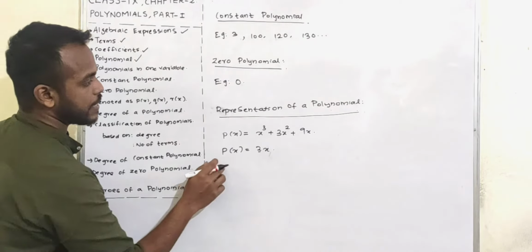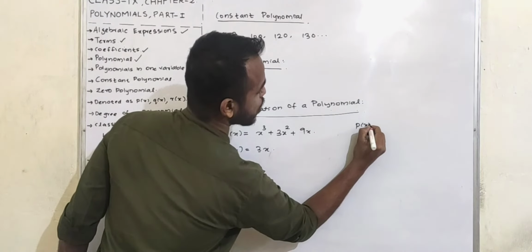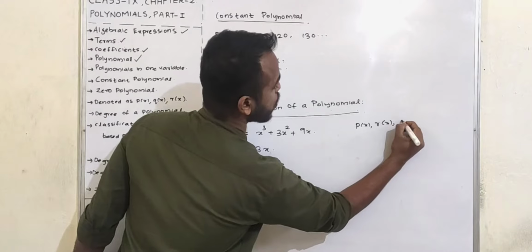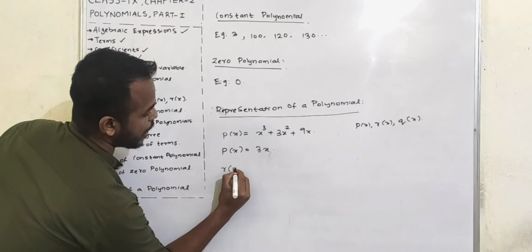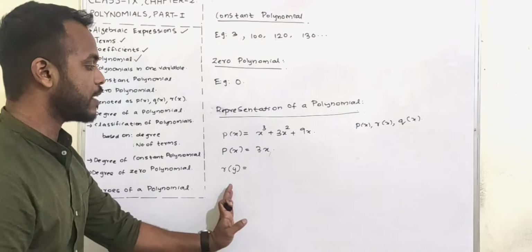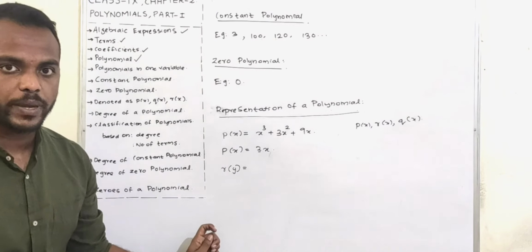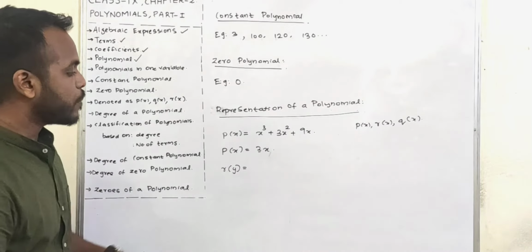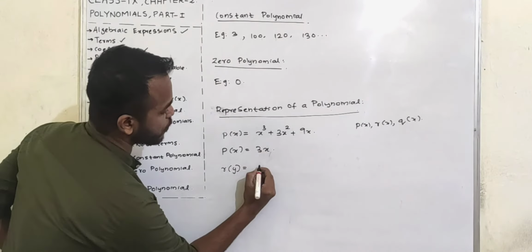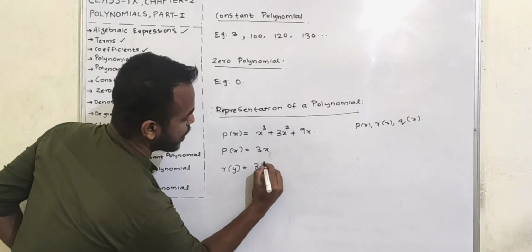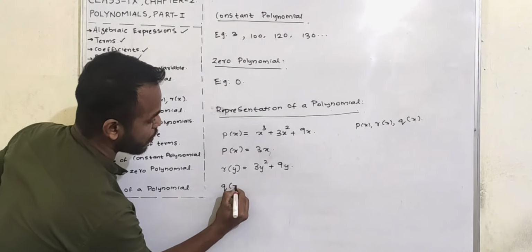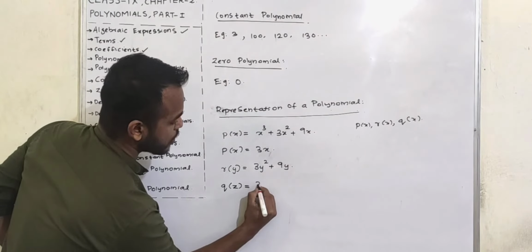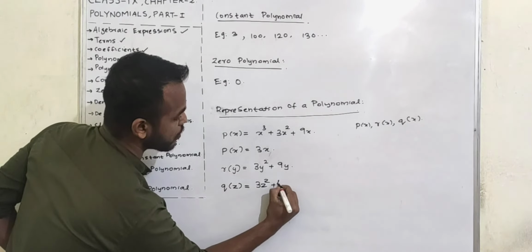Now we used to represent it as p of x or r of x or q of x. Then I will say r of y. This is another way of writing a polynomial. So learn it now itself. You can write polynomials just like this. r of y is equal to 3y square plus 9y, or you can say q of z is equal to 3z square plus 4.